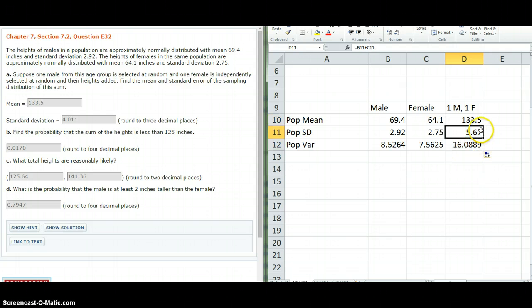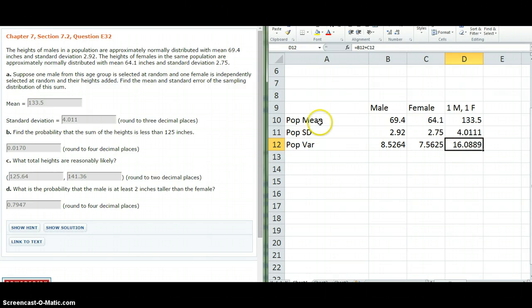So I'm going to do that real quick. So that 16.0889 is the variance for this method of selecting one of each. And now we can go backwards and get the standard deviation by taking the square root of the variance, and that gives us our 4.01.